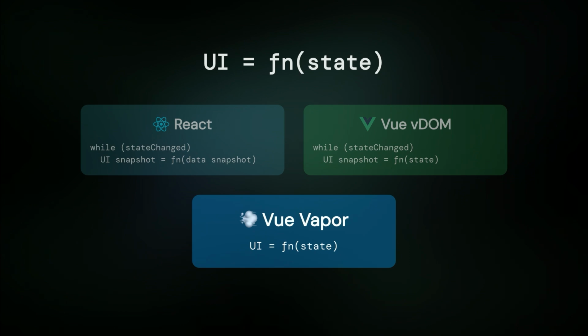When state changes, we directly modify the attributes of the DOM nodes instead of creating a new one and comparing them, which is more efficient. A snapshot is immutable internally, but in Vapor, the UI object is mutable on the inside while appearing immutable externally. This is the key difference between Vapor and the Virtual DOM model.